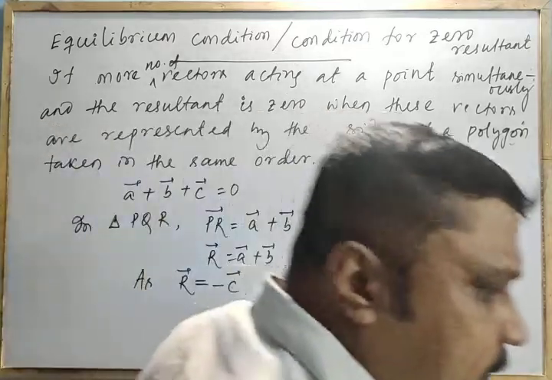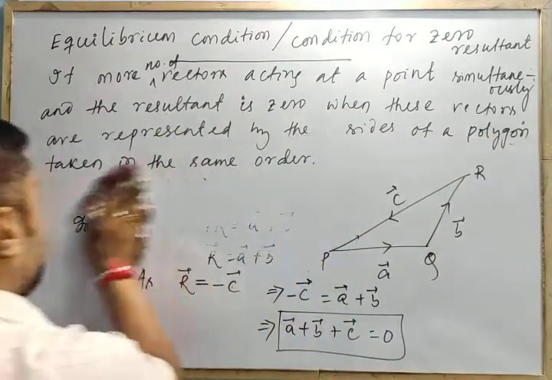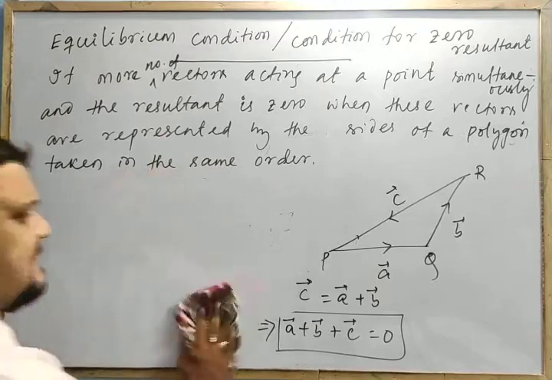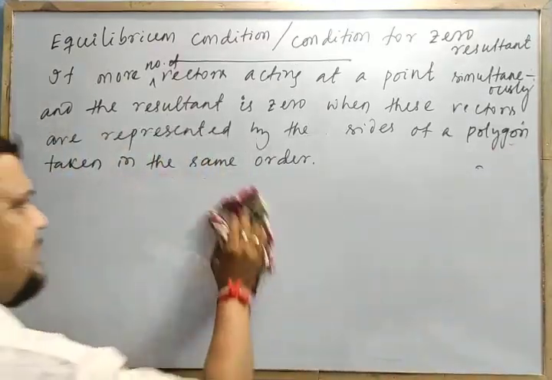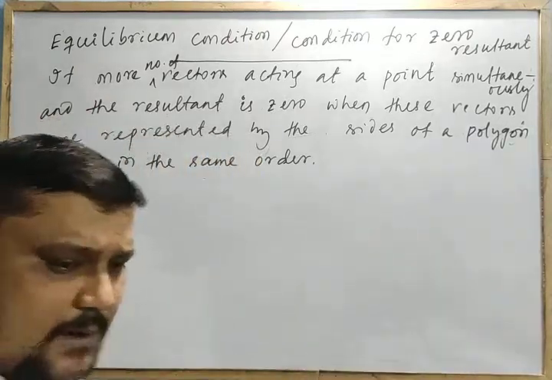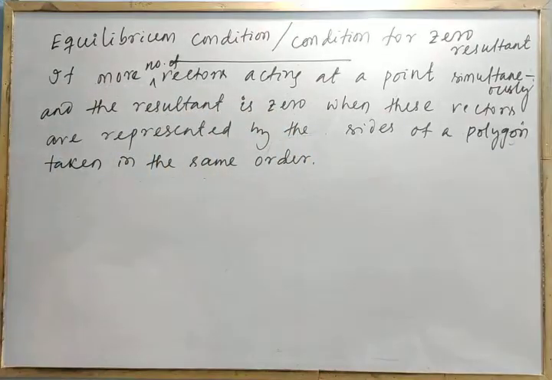This is also true. Note it down. You should note these things. I am not repeating this for my convenience, I am not writing it, but in the notes you have to write this.